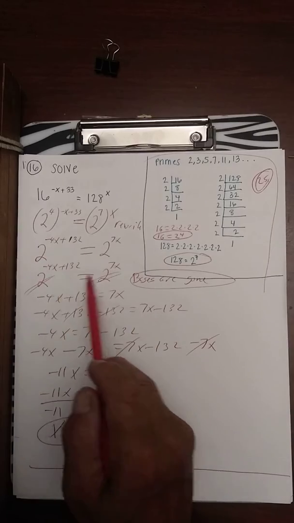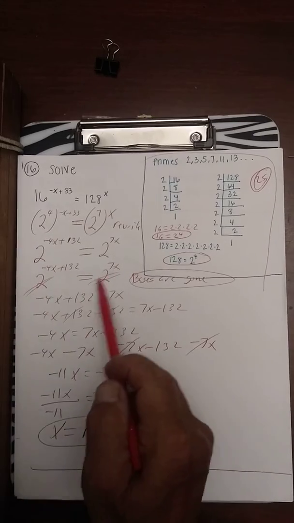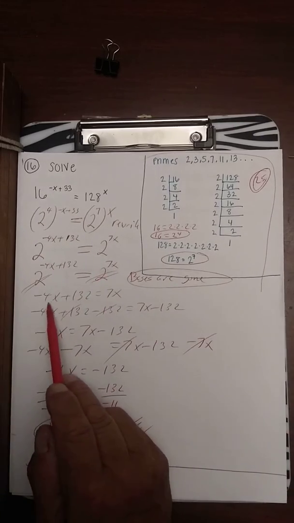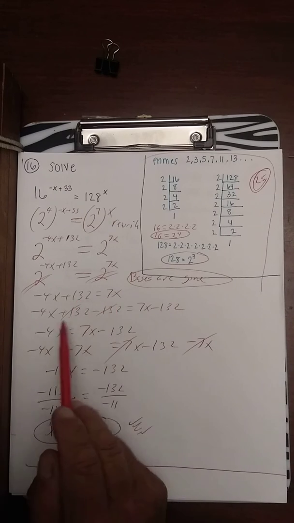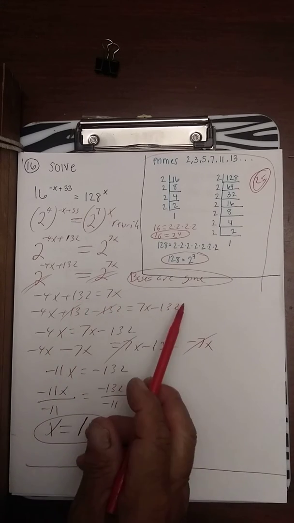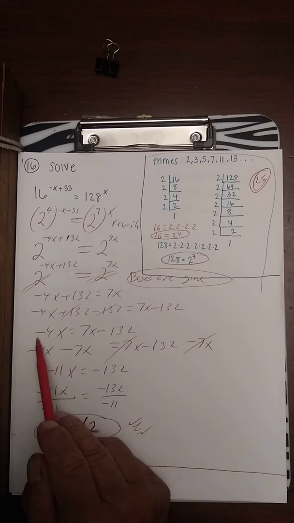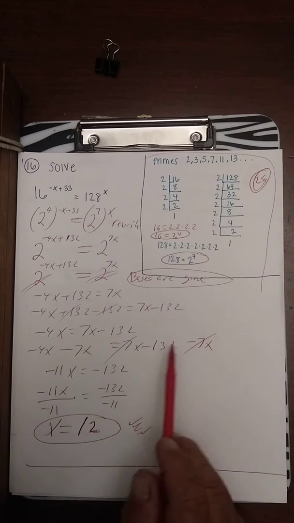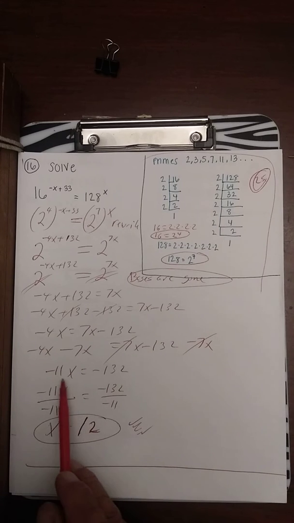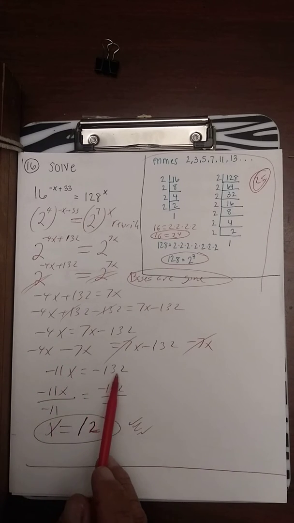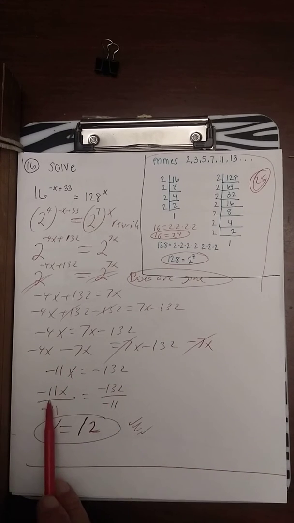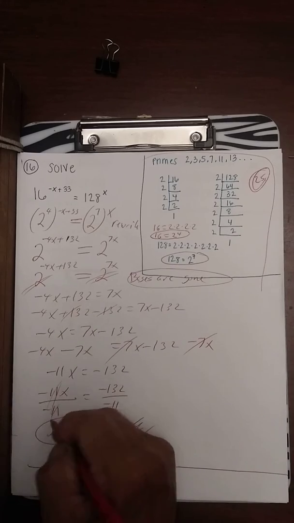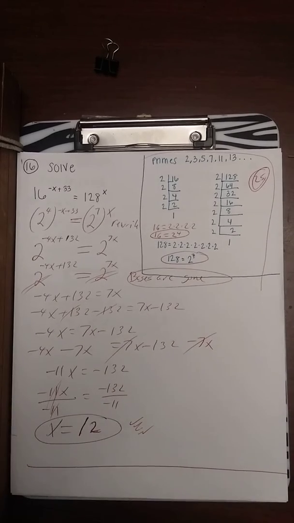So now, the bases are the same, so we can go ahead and cancel them out. So we have negative 4x plus 132 equals 7x. Subtract 132 from both sides. And then we have negative 4x equals 7x minus 132. Minus 7x, minus 7x, these are gone. So minus 11x equals negative 132. Divide by negative 11, these are gone. So we have positive 12.